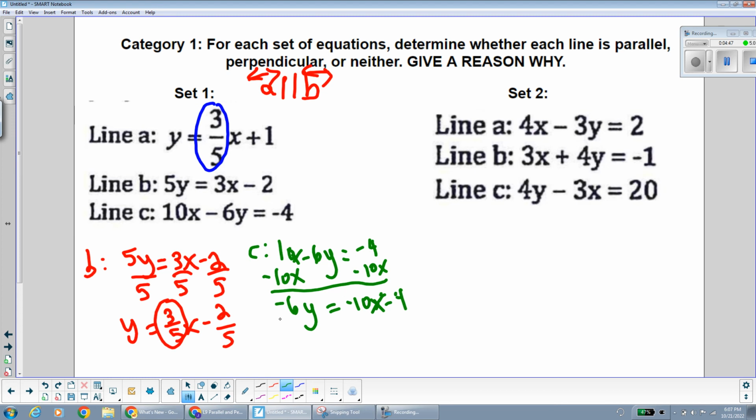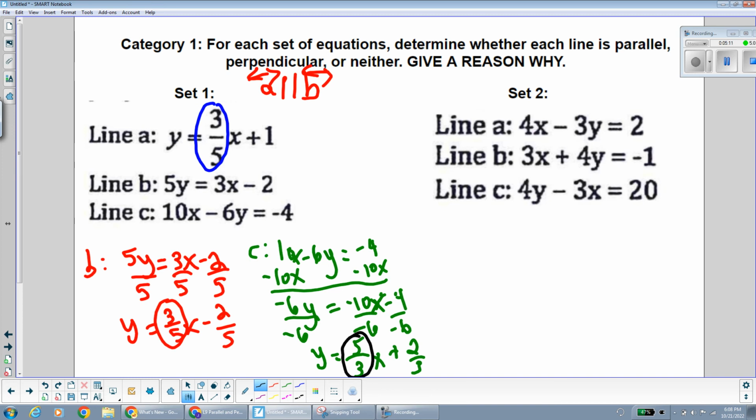And then finally, I'm going to divide by -6 to get y by itself. So that is positive 5 over 3x plus 2 over 3. So I see the slope of line C is 5 over 3.